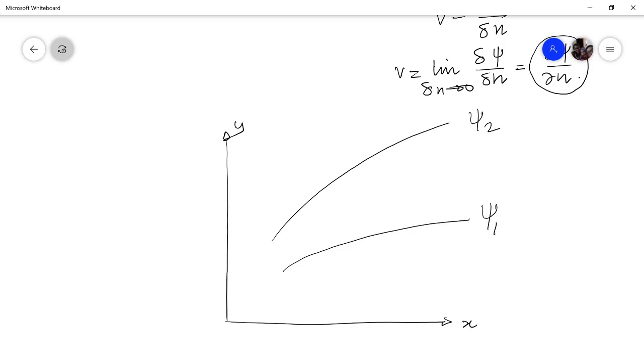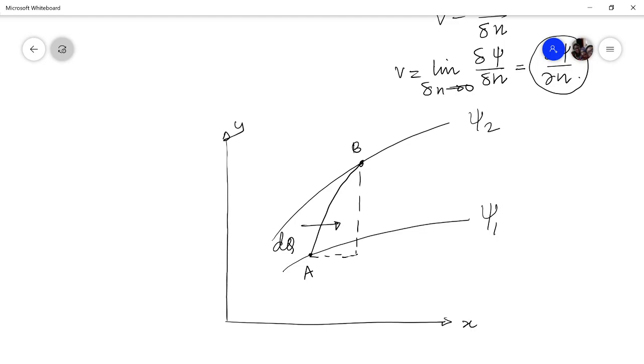Now, if this is a fixed point A and this is B, then you can construct this small control volume and forget about psi 2 and psi 1 for the time being. Then what is the discharge which is moving across this line AB per unit width into the paper?